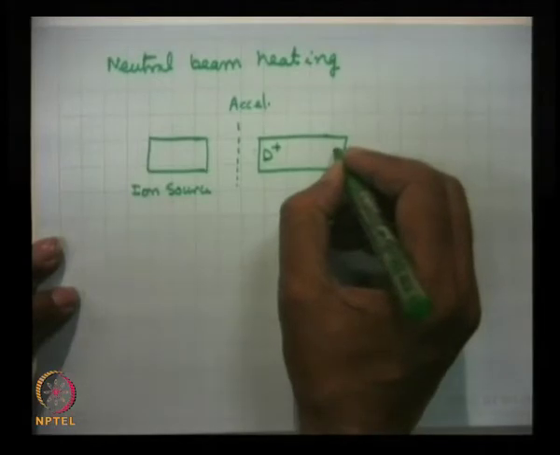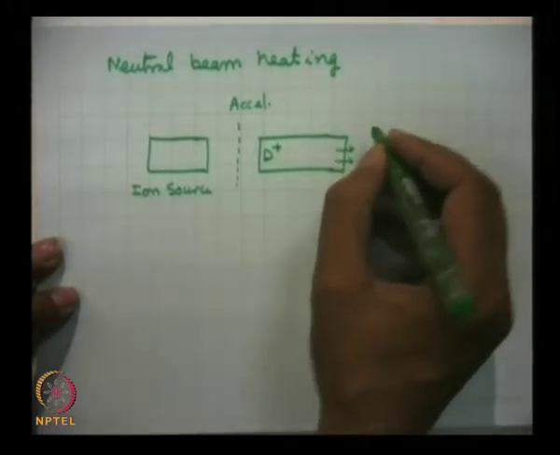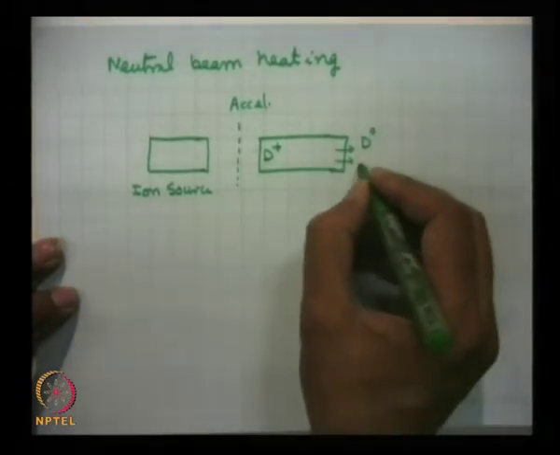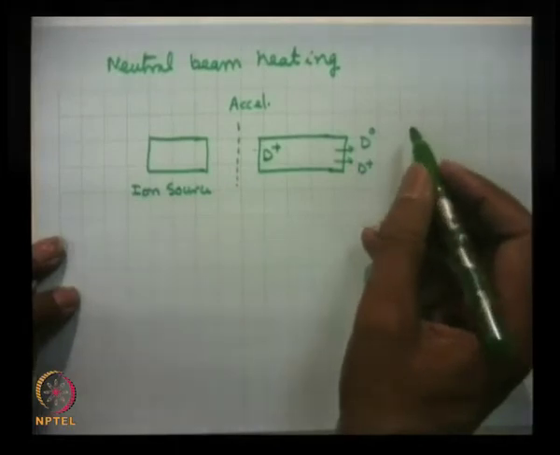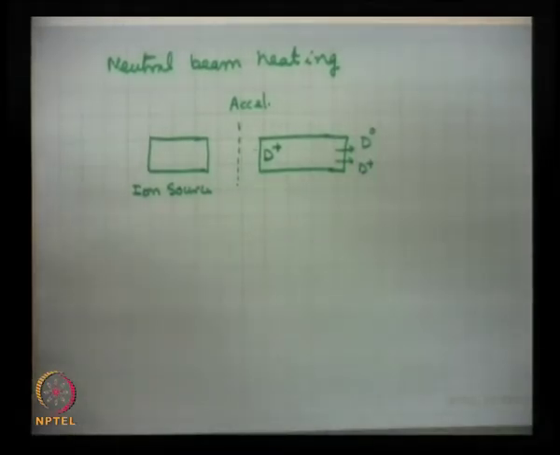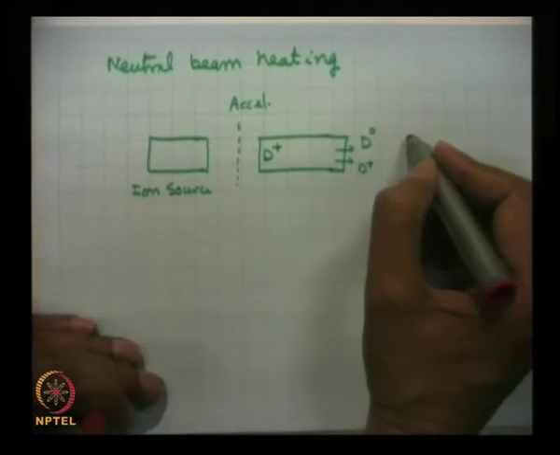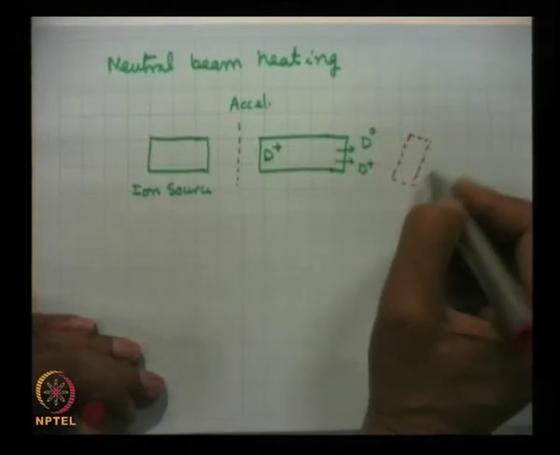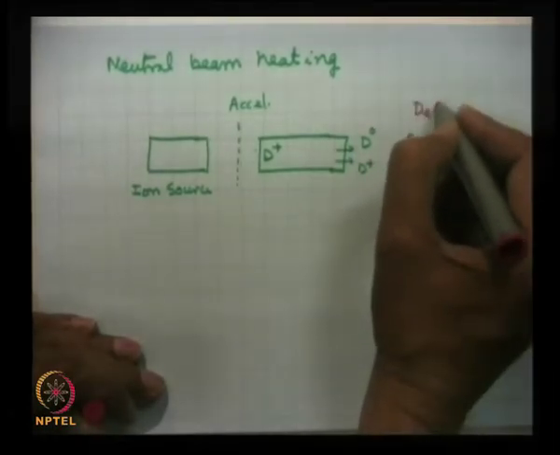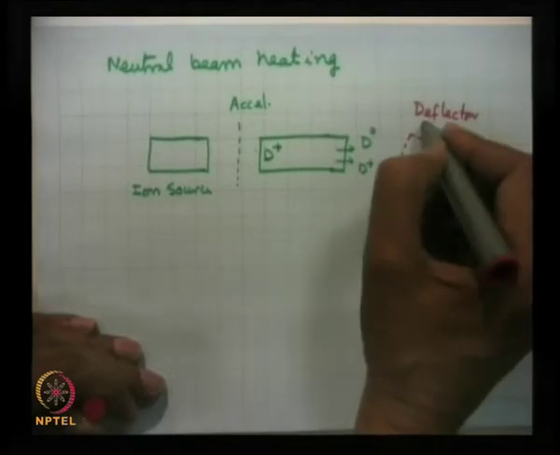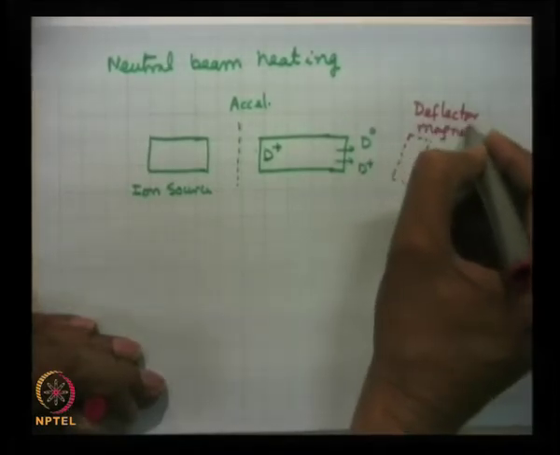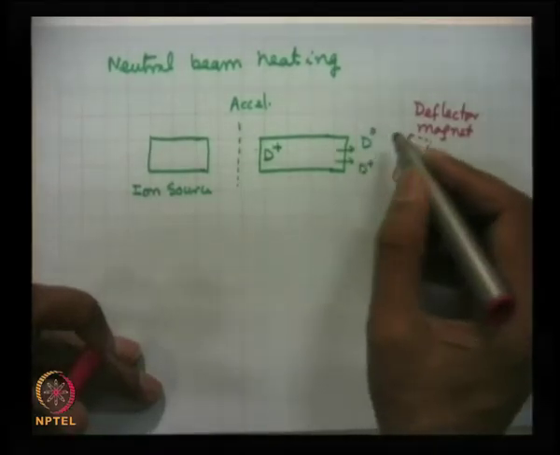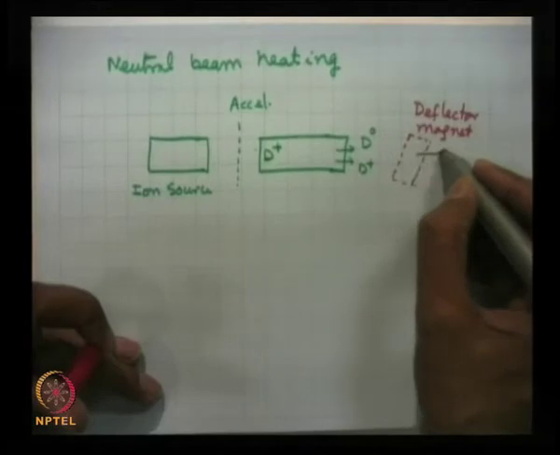So, from here you get two kinds of particles: neutral deuterium atoms, and some residual deuterium ions. You pass this mixture through a magnetic field, which I will designate like this, called the deflector magnet, and that will make the D0, the uncharged deuterium atoms, travel like this.